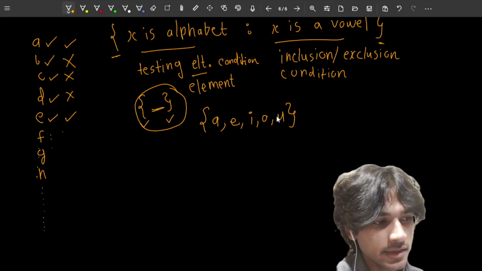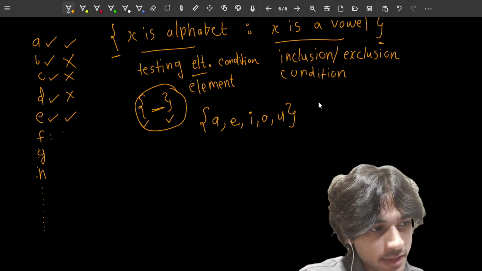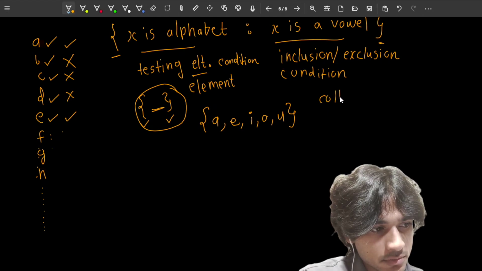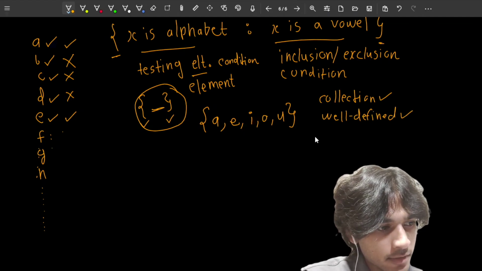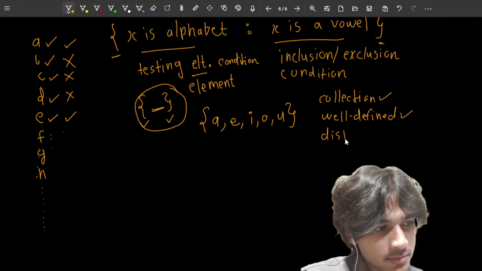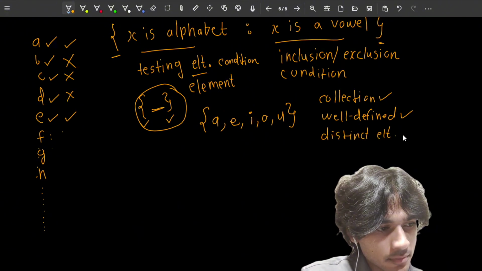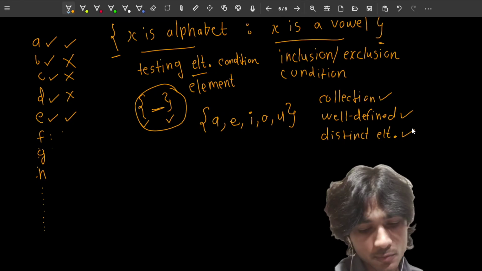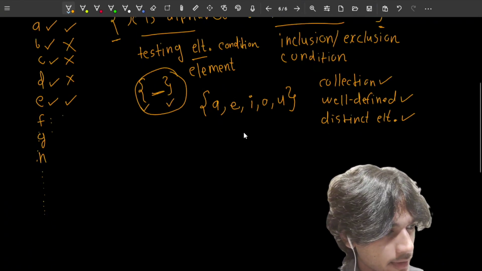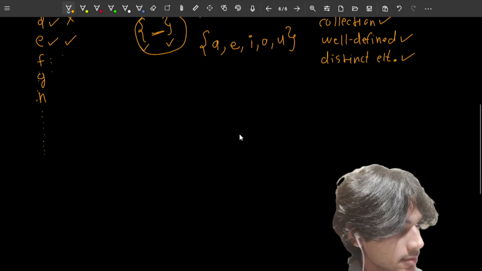That means it checks all the three conditions: it is a collection, check; well defined, check; and distinct elements, check. So it's going to be a set now. Okay, let me give you more examples.